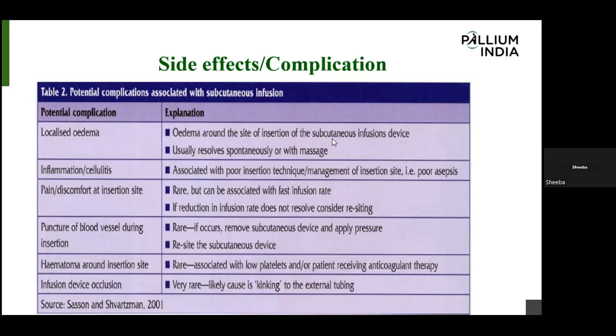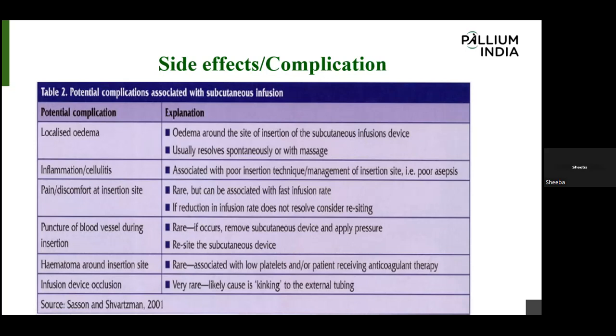And puncture of blood vessels during insertion is also very rare. If you see any blood in the tubing, better you remove that needle from that area and choose another site for subcutaneous infusion.